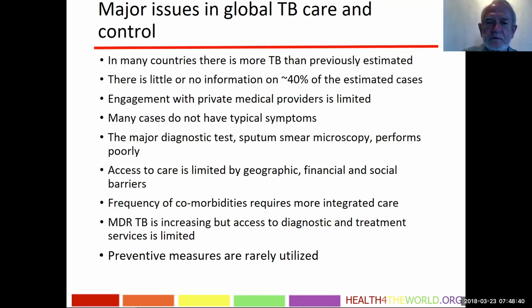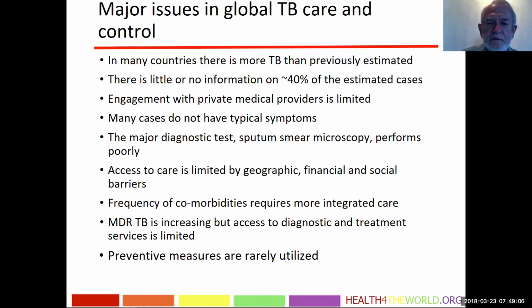And now again, I'll show you the data. Access to care is limited by geographic, financial, and social barriers, so that patients who have cough, who have something that should be evaluated because it's possibly caused by tuberculosis, often do not have the access to care that they need for the full evaluation.